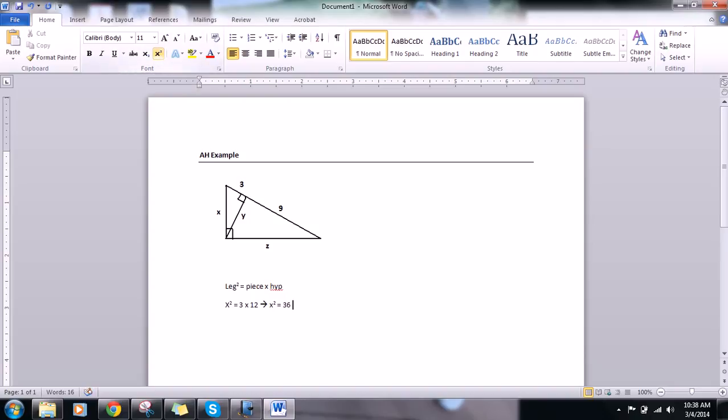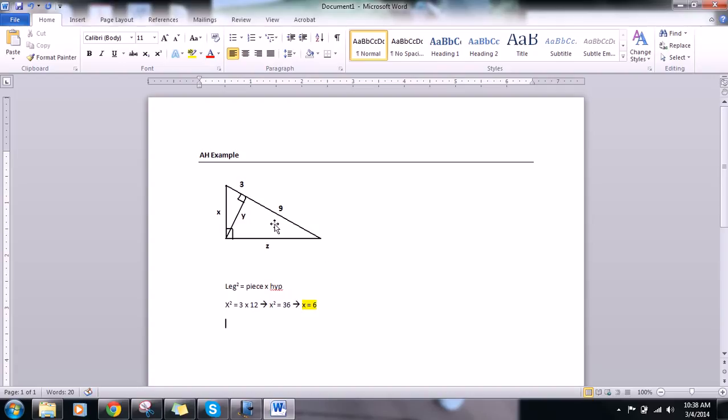which means when I take the square root of both sides, I get x is equal to plus or minus 6, but because I'm talking about a length, I only need the positive 6 value. So there is the value for this leg using leg squared as piece 3 times whole. While I'm doing that same rule, I'll solve for z, z being the other leg.